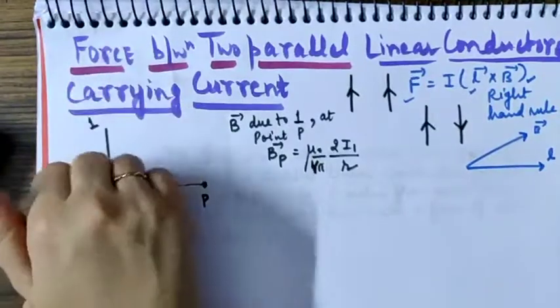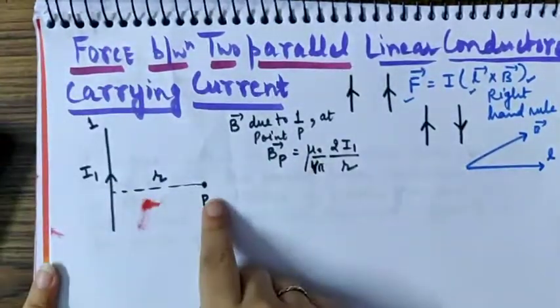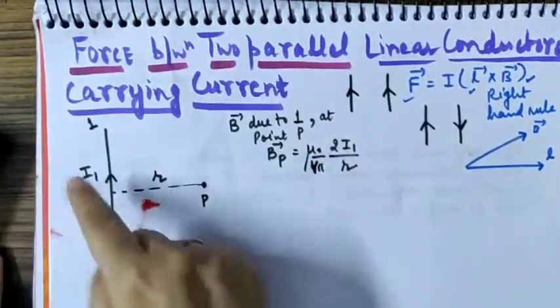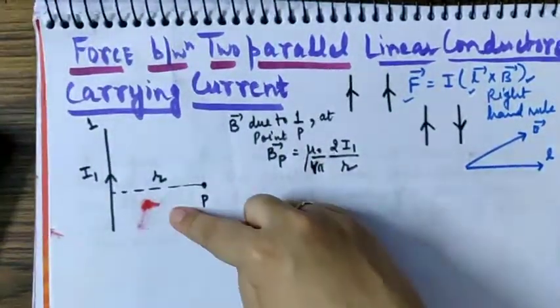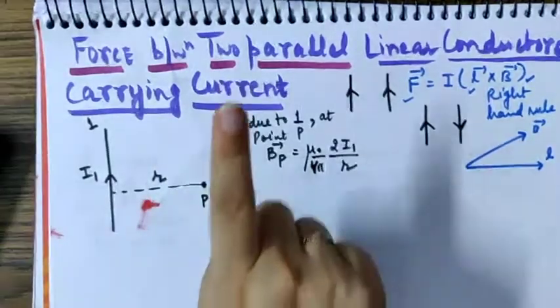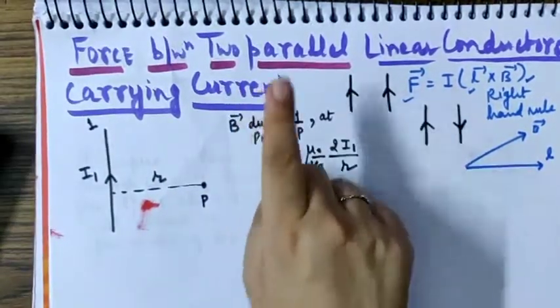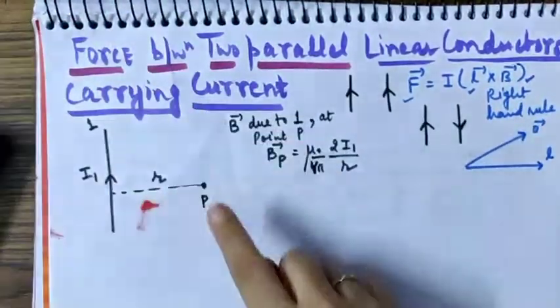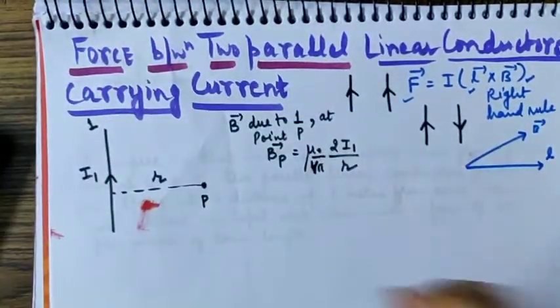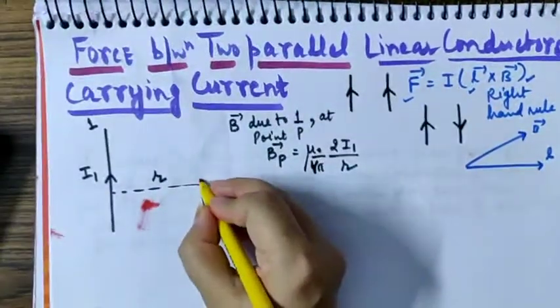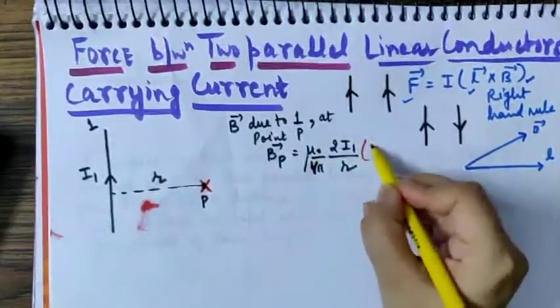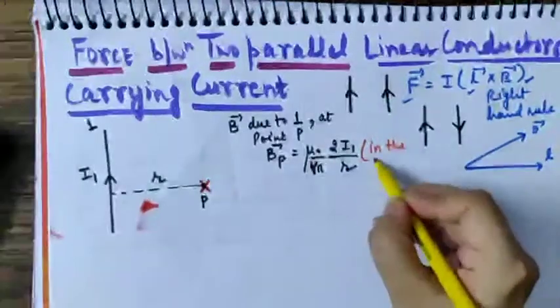If I keep it one way, the fingers will curl to point P through the larger angle, but you should curl the fingers through the smaller angle. So at point P, the magnetic field is into the plane of paper. How will you show it? You can draw a cross here, showing that the magnetic field is into the plane of paper, and you can write it here also, into the plane of paper.